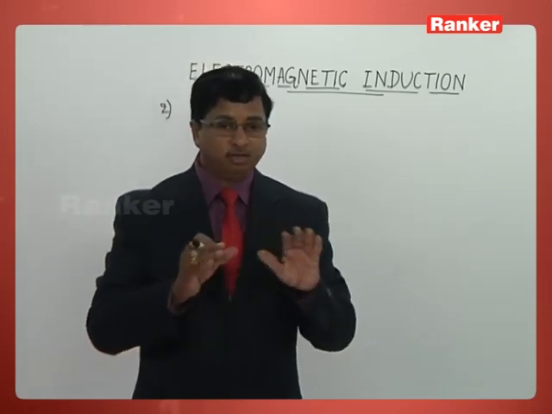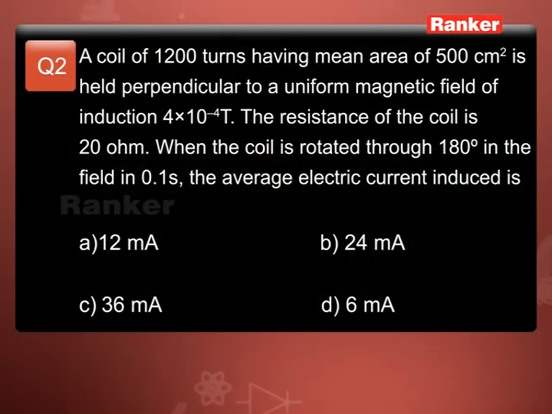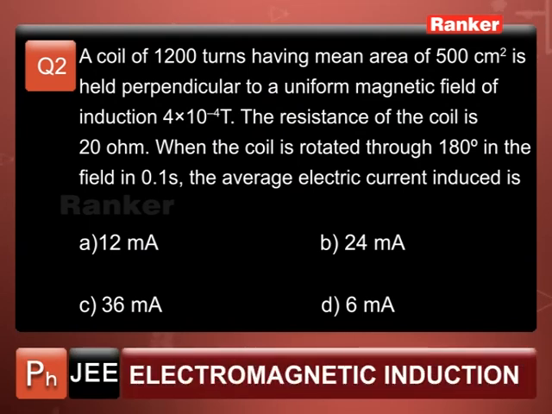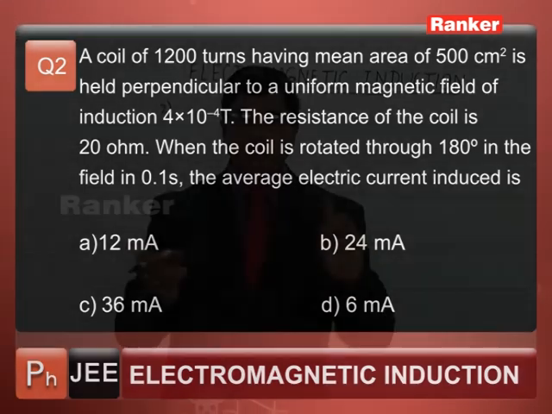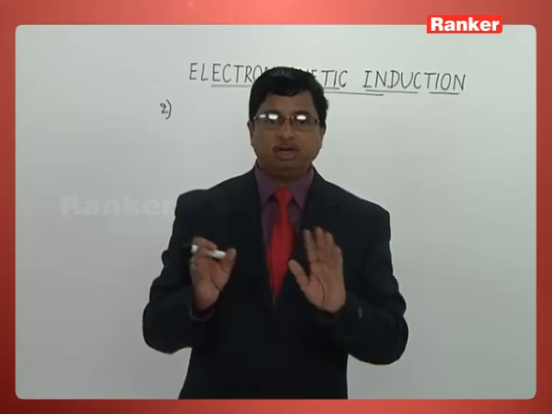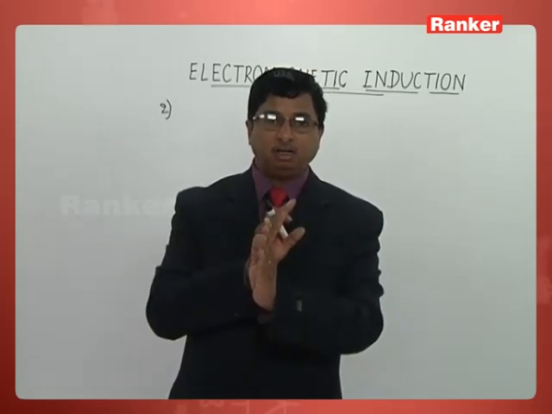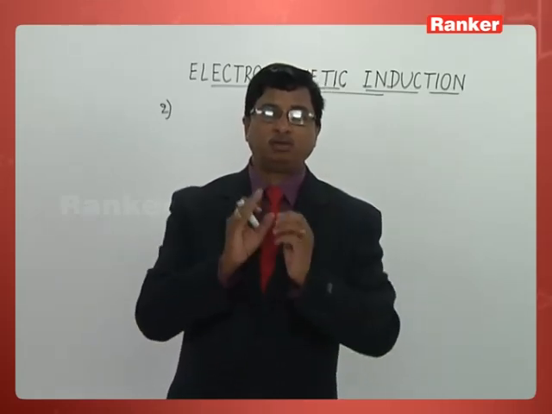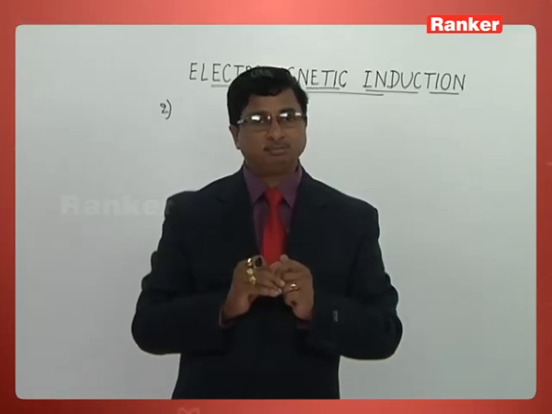Now what is the question he is asking? The resistance of the coil is 20 ohm. Fine. When the coil is rotated through 180 degrees in the field in 0.1 seconds. That is the concept. When the coil is rotated through 180 degrees, it is as well equivalent to reversing the coil opposite to its original direction.